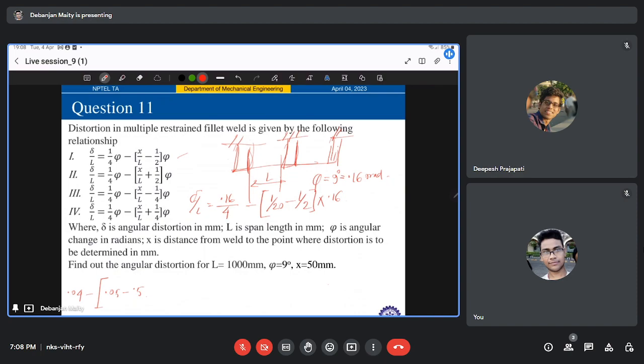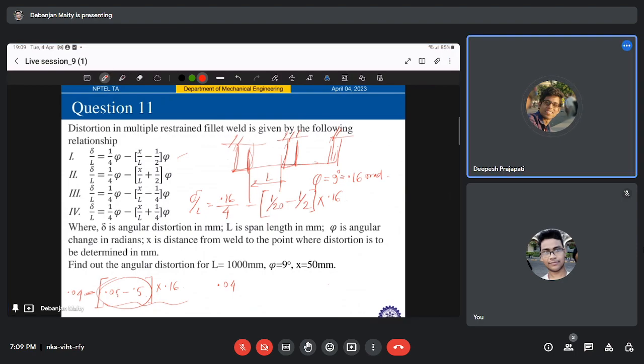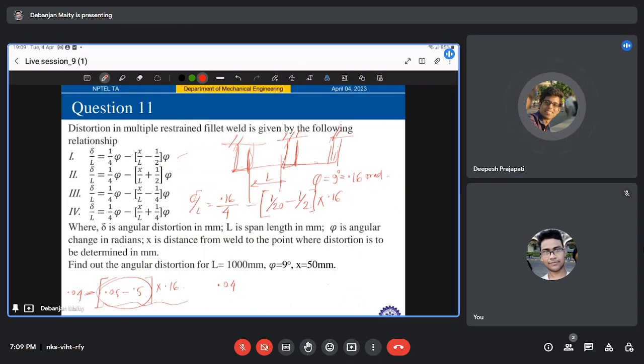Am I doing anything wrong? No, no, it's fine. This into 0.16, right? Ultimately, this will be plus 0.05.